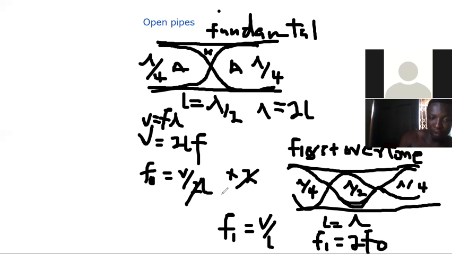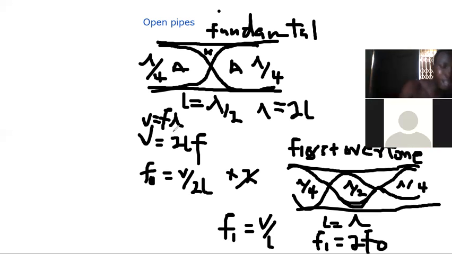Then you are going to get V all over L, which will be the same as F1. I want to relate it in terms of it being equal to twice of F0. So the F0 is this. Now the twice of this F0 will give us V all over L, because the 2 will cancel this. Do you get it? Yes, sir. Good.